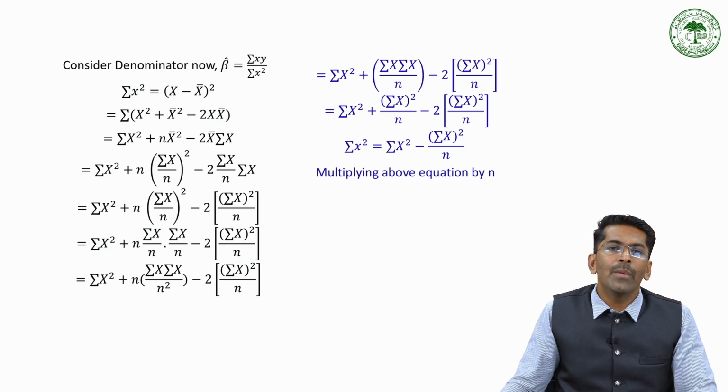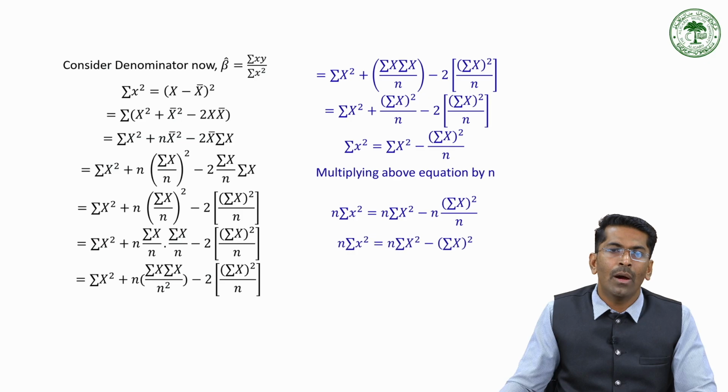Now we are going to multiply both sides of the equation by n. Then it will become n into sum of x square is equal to n into sum of x square minus n into sum of x whole square divided by n. Here n and n will be cancelled out, so it will become n into sum of x square minus sum of x whole square.